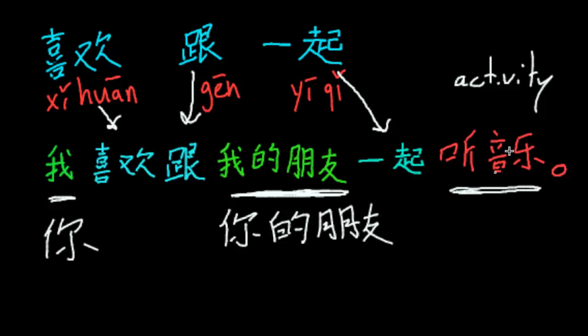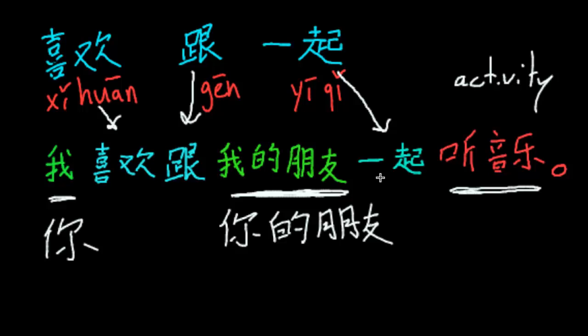Now here with the activities, we could put any activity here. We've been talking about 7 in class. We have 听音乐, 学中文, 打篮球, 打橄榄球, 打乒乓球, 打棒球, and 看电影.